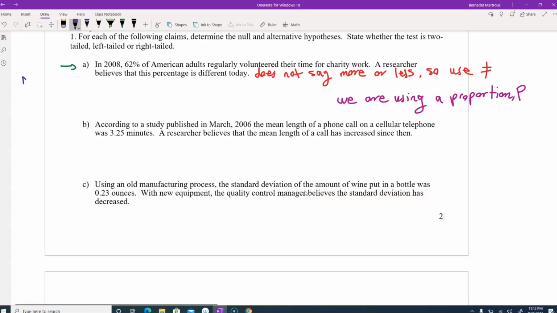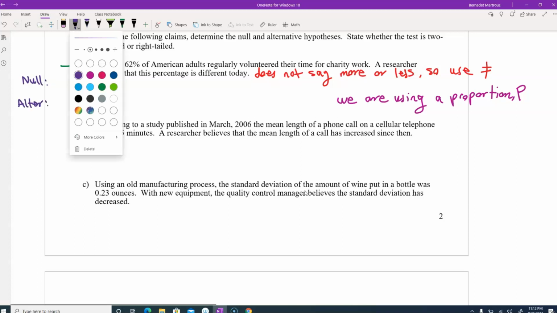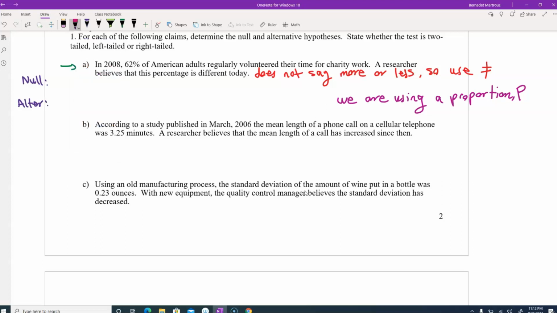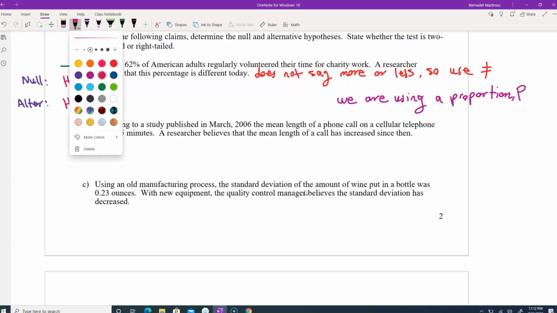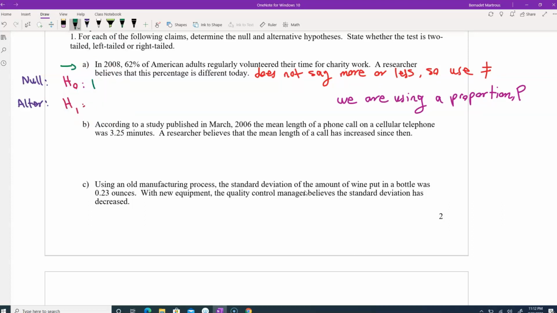So here we have null, here is alternative. So H0, H1. Here is P. On top, for null, we always have equal to, and that is equal to 62%.